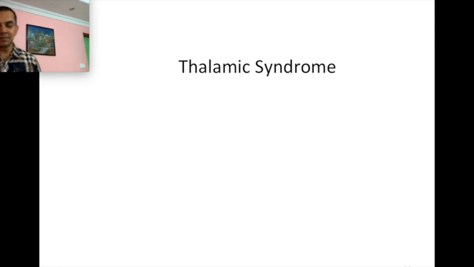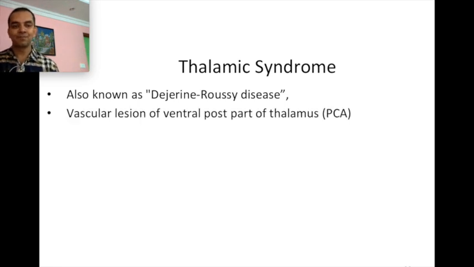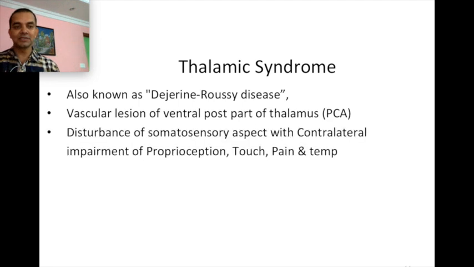Now discussing some clinically important factors. Thalamic syndrome is a vascular disease also known as Dejerine-Roussy disease, caused by obstruction or ischemia in the ventral and posterior part of thalamus.